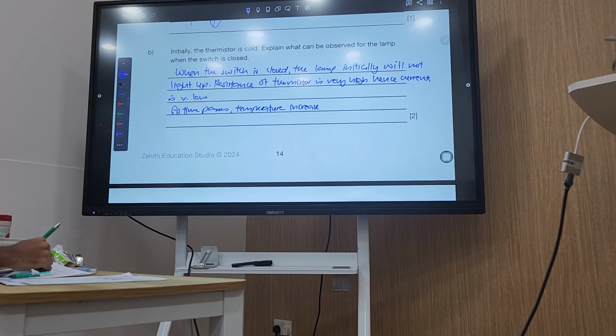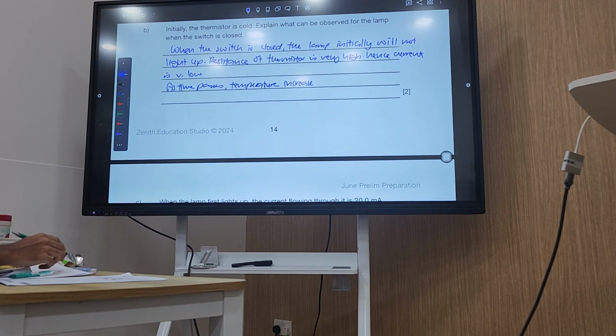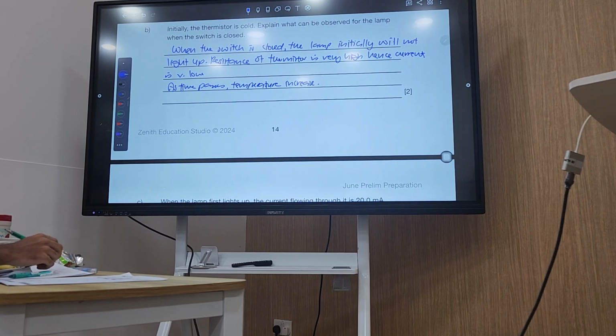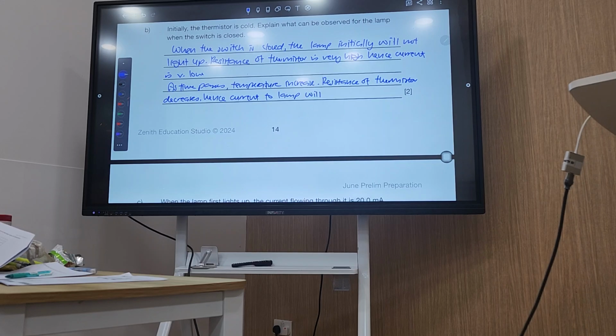Agree or not? When temperature increases, what happens to the resistance of the thermistor? Good. The resistance of your thermistor will decrease, hence current to the lamp will increase.